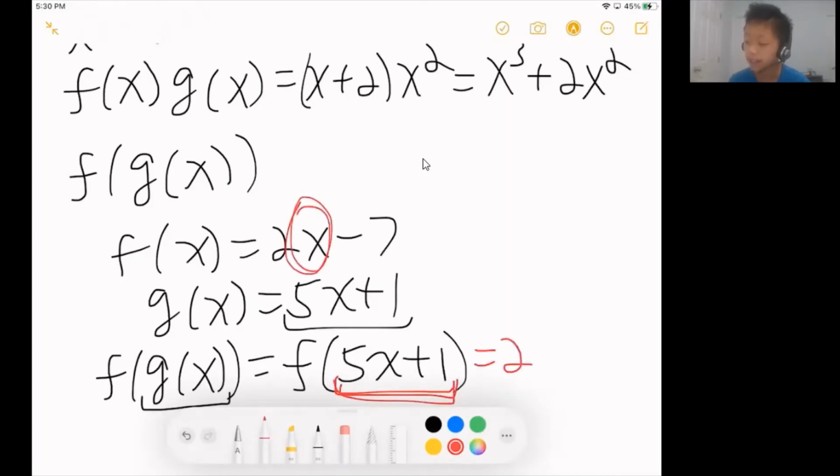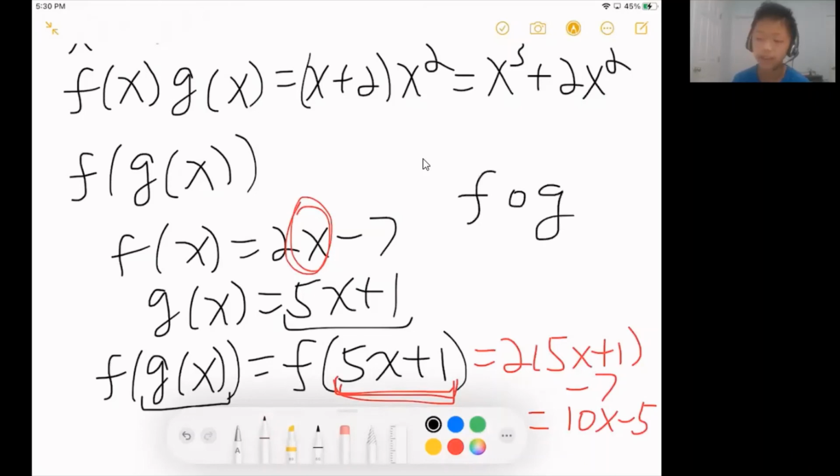So you would do 2 times 5x plus 1, minus 7, and this would give you 10x minus 5. That represents the composition function f of g of x. Sometimes you might see people write the composition of the functions f and g as f and then a circle g. That just means f of g of x.